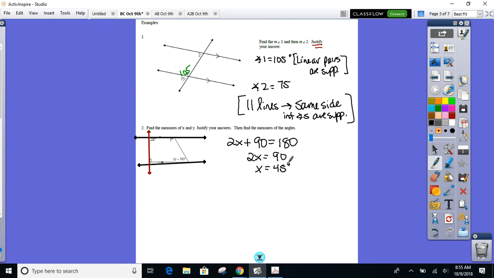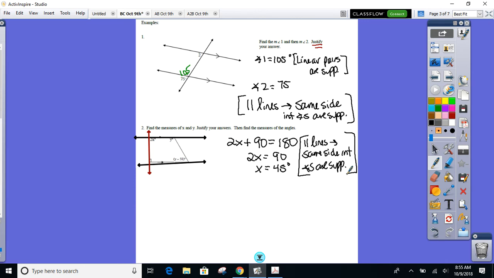Yep. It did say justify. Why did I add them up and set them equal to 180? Okay, parallel lines imply same side interior angles are supplementary. That's why I set them up and set them equal to 180.